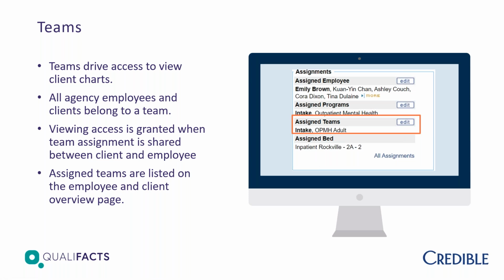There are some upper level rights that allow some bypassing of that, but just know generally most of us will have to have a shared team in order to access a client's information. Those assignments are listed and housed within the client's profile, and your team assignments are listed and housed within your employee profile, which we'll see when we hop into the system.